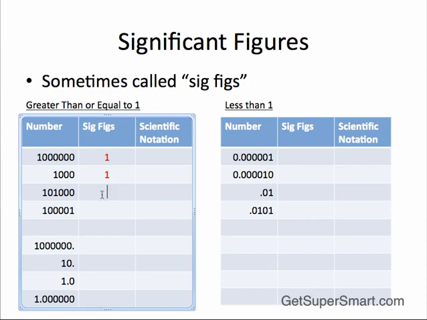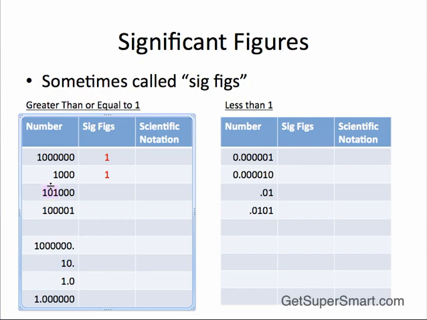Next example. Again, no decimal point, so we move to the left until we find our first non-zero. And here we go, a 1. That's our first significant figure, and everything to the left of that is also going to be significant. You'll notice that there is actually a 0 in here. So it's not that zeros can't be significant.